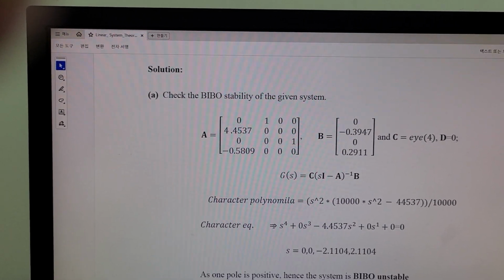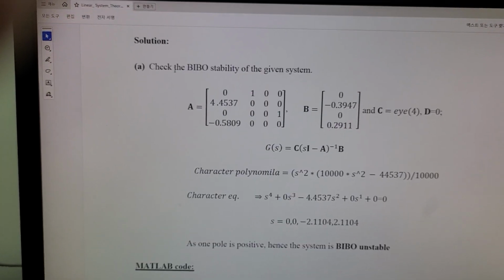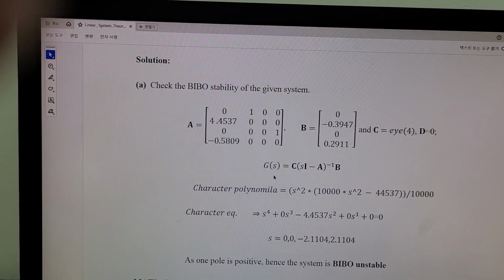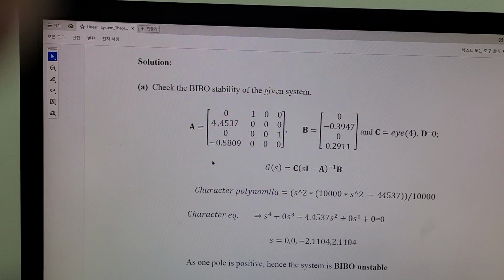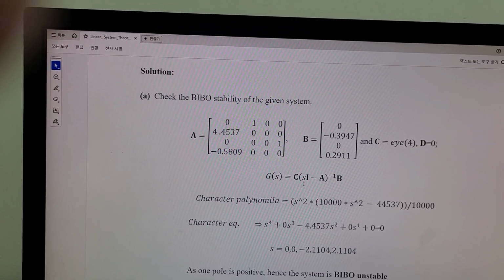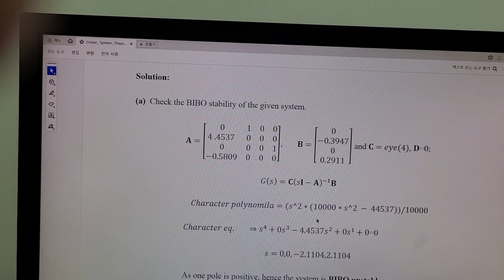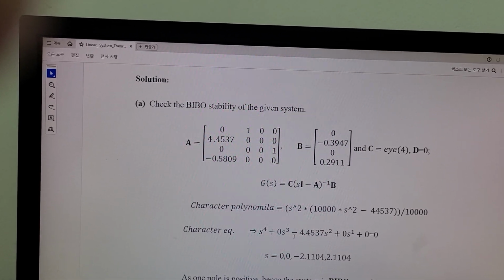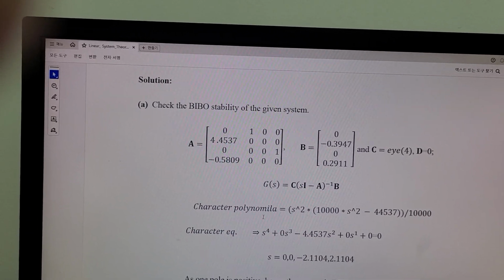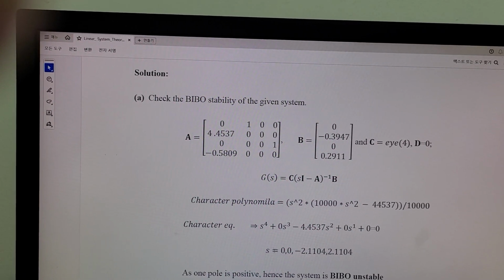So here in the first case we have this system. We are checking the BIBO stability of the given system. We can check the BIBO stability if we have the transfer function G(s) = C (sI minus A) inverse B. If we calculate G(s), the denominator is the characteristic polynomial, and if we put the characteristic polynomial equal to 0, that becomes the characteristic equation.